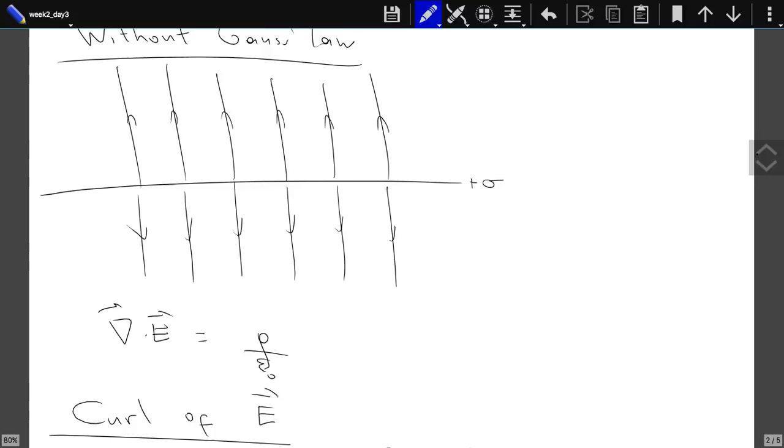Now, when we are talking about electric field lines, we know that if the electric field is non-zero, there is an electric field at every point. So we have to draw a vector at every point. An electric field line is a line that is tangent to these electric field vectors.